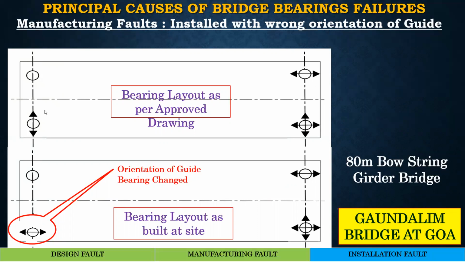And these kind of errors are not uncommon in India, I can tell you. This shows that there is a need for a very high degree of quality control in bearing installation.